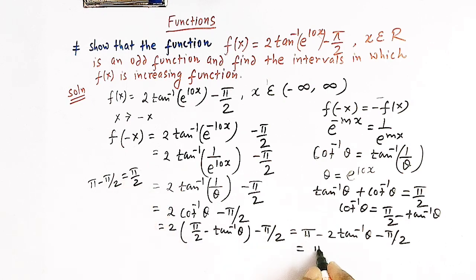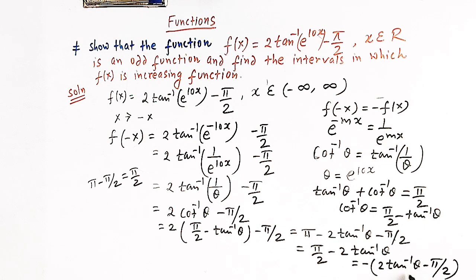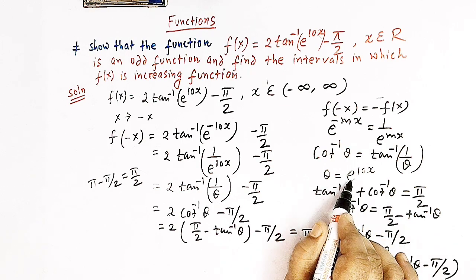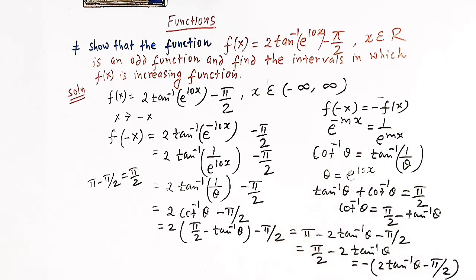So here we have pi by 2 minus 2 times tan inverse theta. Now taking negative sign common here, we have minus 2 times tan inverse theta minus pi by 2, and theta can be replaced by e raised to 10x.